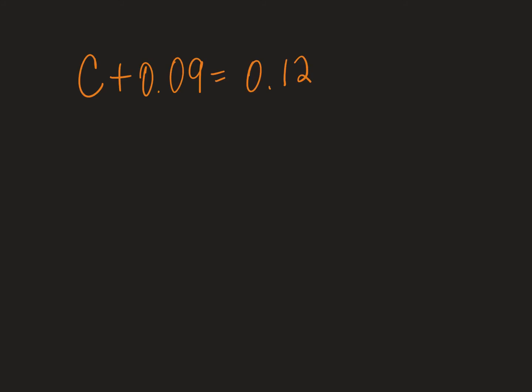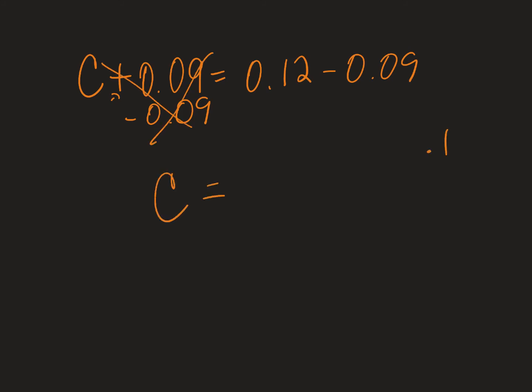Okay, so in this case, we have decimals, which is going to work the same exact way, and you're just going to be solving it with decimals. So c plus... let me just go back here and start over. The opposite of addition is subtraction. So I'm going to subtract 0.09 from this side and subtract 0.09 from this side. That cancels. So c equals 0.12 minus 0.09.